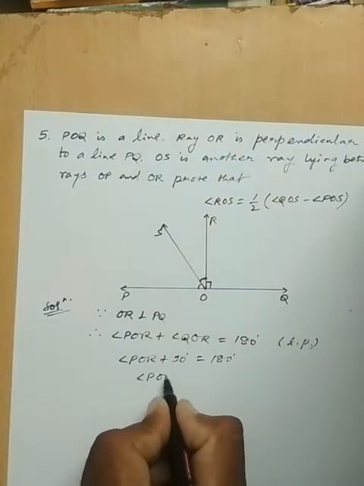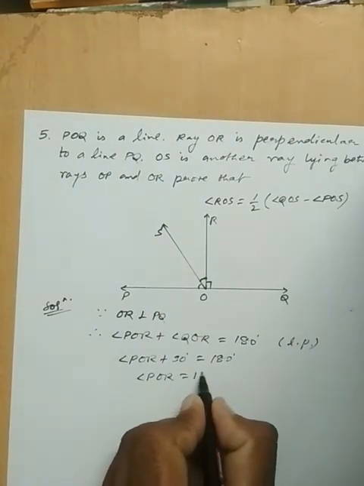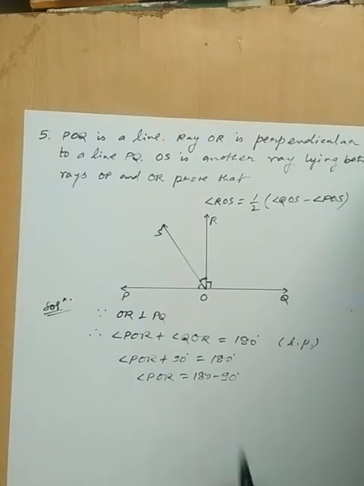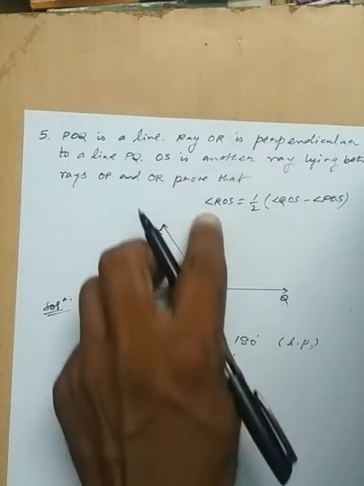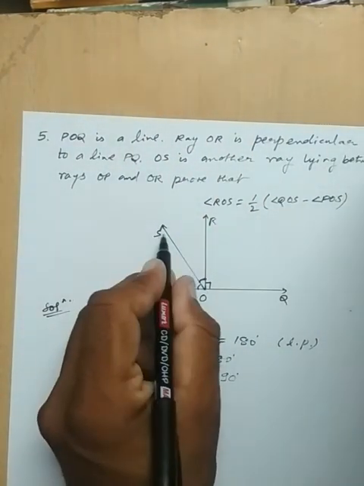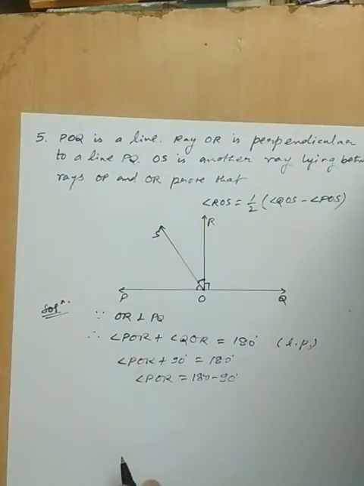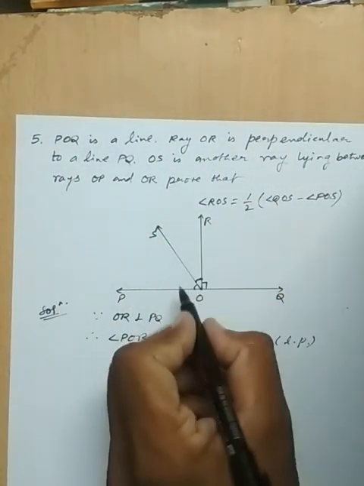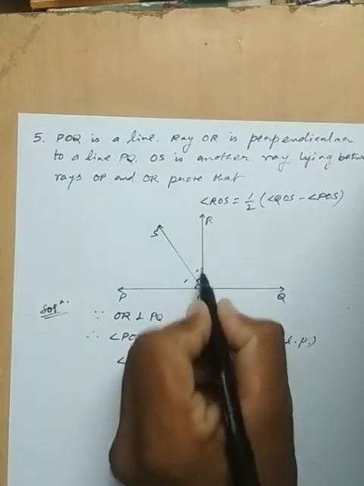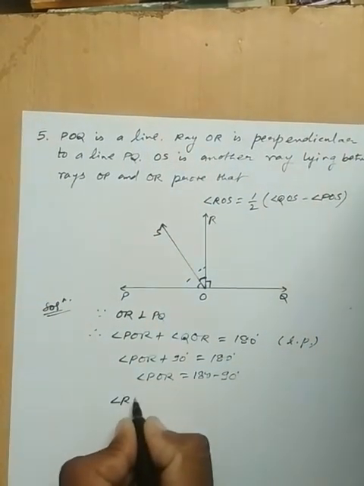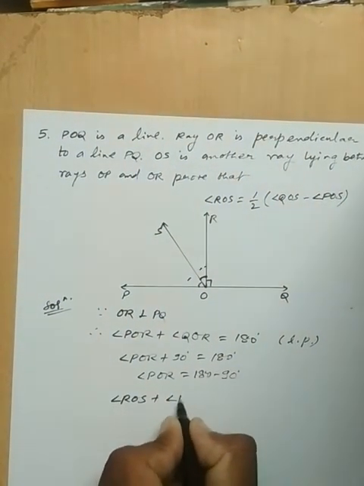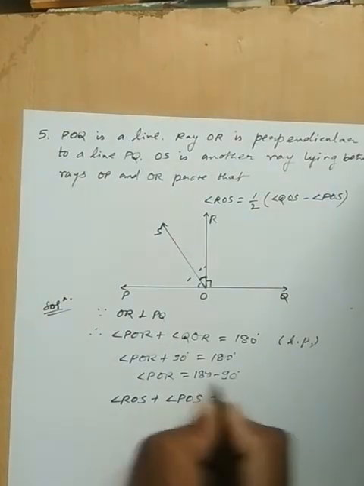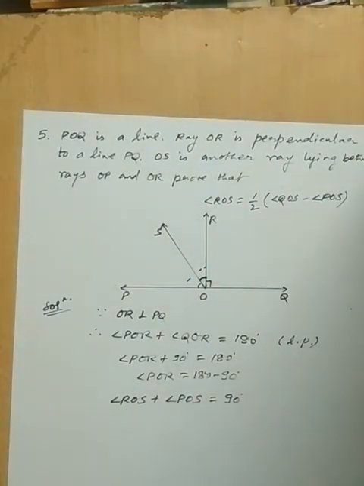So POR is 180 minus 90, and POR is equivalent to POS plus ROS, the sum of these two angles. So angle ROS plus POS equals 180 minus 90, which is 90 degrees.